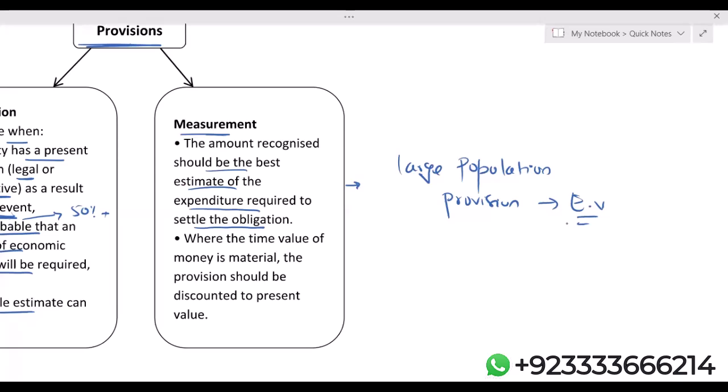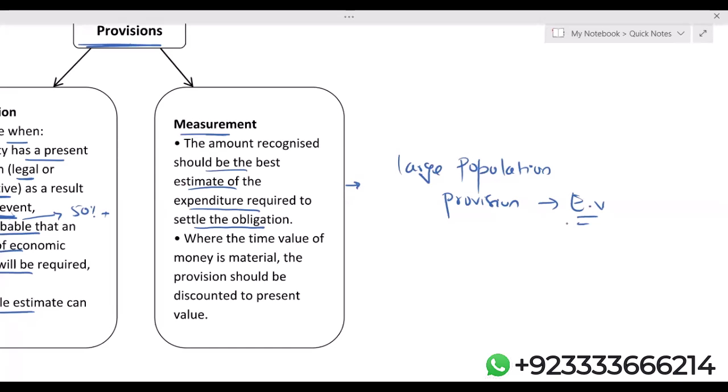But when you are dealing with a single population, then your provision should be according to the best estimate. Single population means, for example, one of your customers has filed a suit against your company, and your lawyer says that we will lose the case.